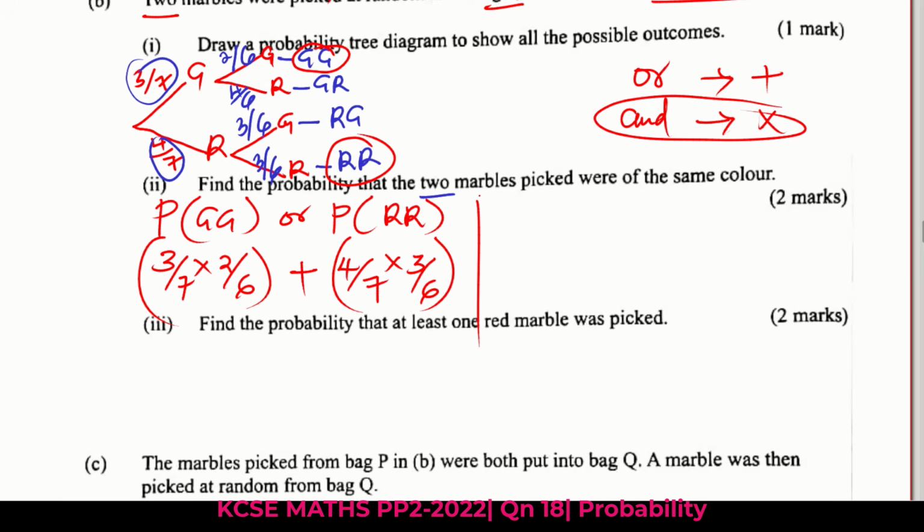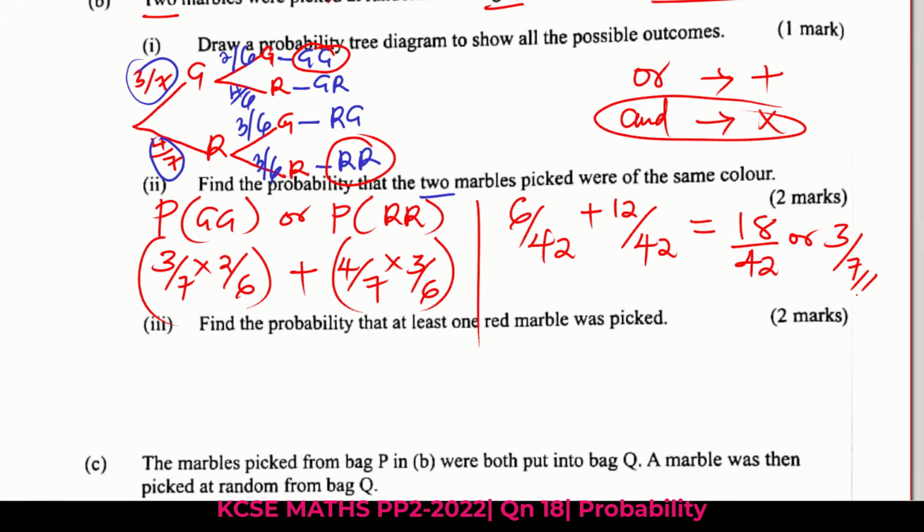So this will give us 6 over 42 plus 12 divided by 42, which gives 18 divided by 42. You can simplify this further and you'll get 3 divided by 7.